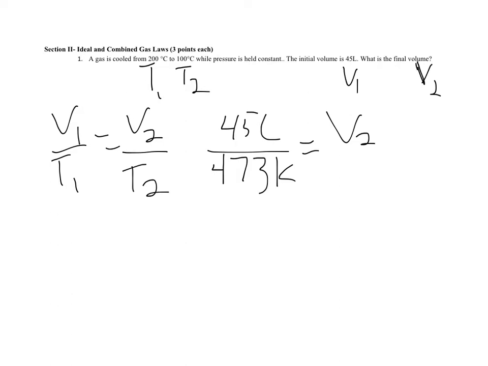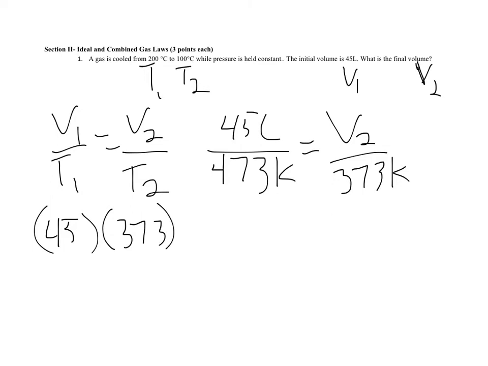And then we've got volume 2 that we're trying to find, and the final temperature is 373 Kelvin, which is 100 Celsius plus 273. So when I do that math out, I end up with 45 times 373 when I cross multiply, and then that's divided by 473 equals V2.